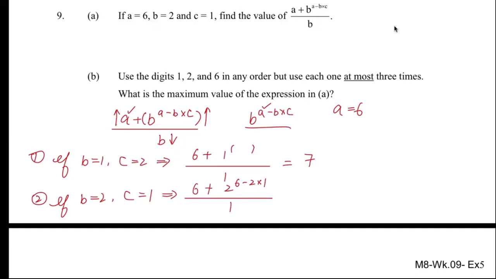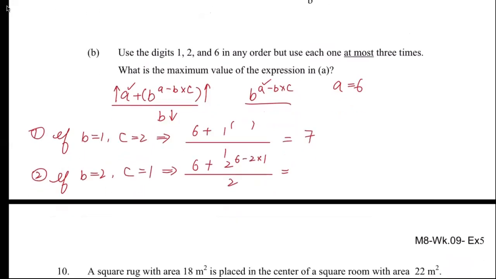Sorry, my mistake. It should be 2 here, because it's over B, right?